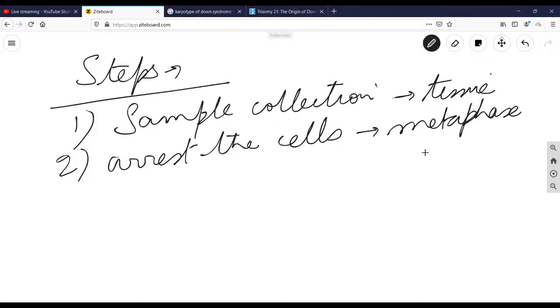Metaphase plate is produced, right? Then only you can segregate the chromosomes later in the anaphase stage. Chromosomes are most easily visualized in the metaphase stage, and our aim is to visualize the chromosome. If I arrest it in prophase, it is still decondensing.